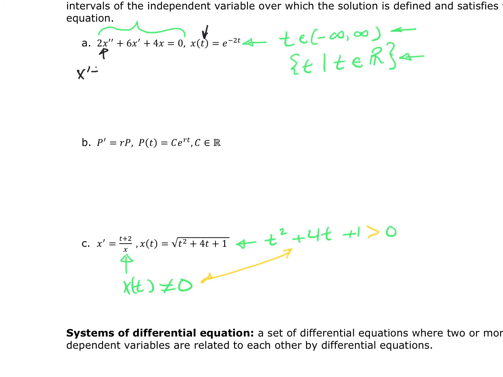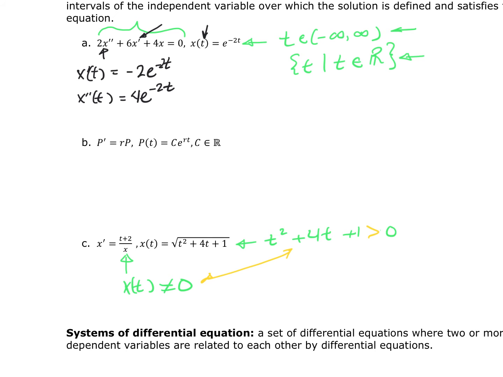So x prime of t, which I'm going to need for this part anyways, is going to be, and I'm going to do my regular derivative stuff, negative 2 e to the negative 2t. So derivative of e to the u is e to the u times u prime. My second derivative is going to be the derivative of that, which is a negative 2 times a negative 2, which gives me now a positive 4 e raised to the negative 2t.